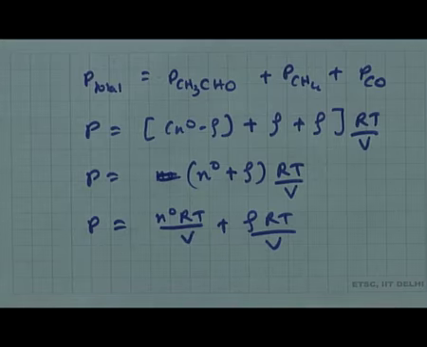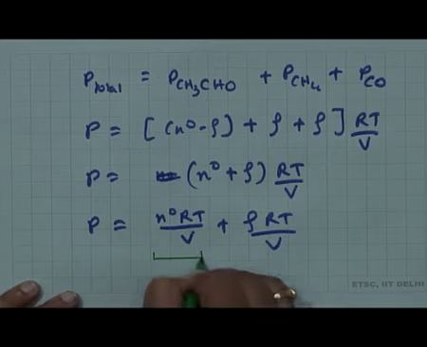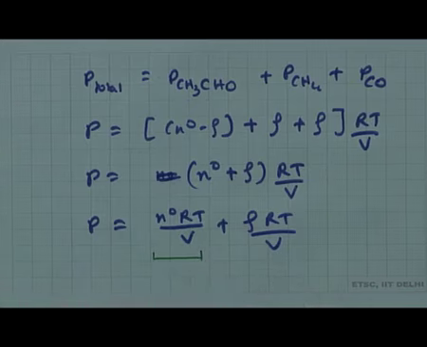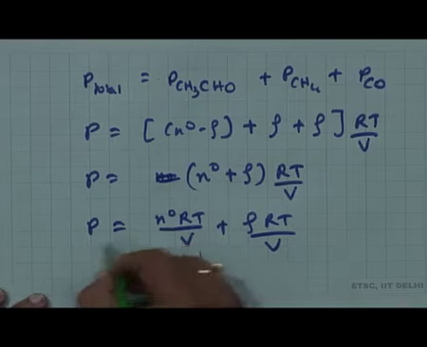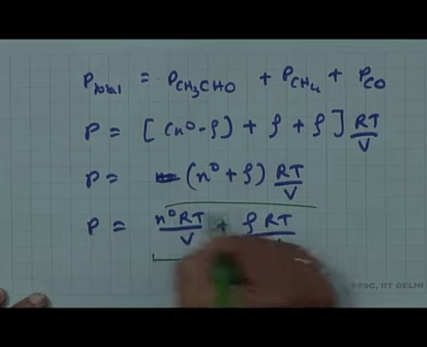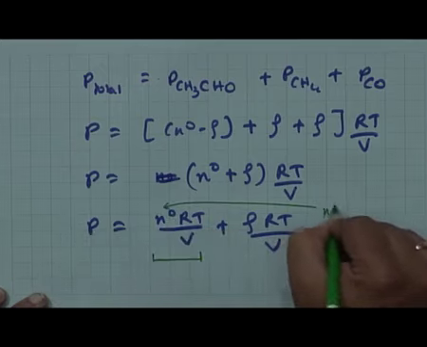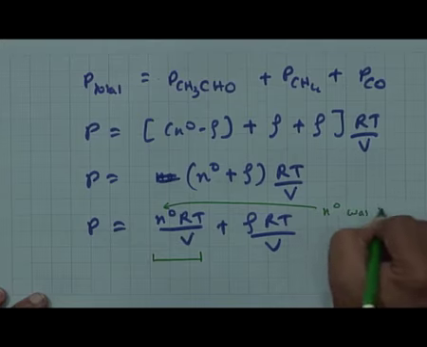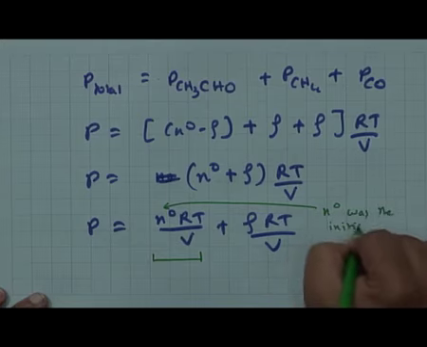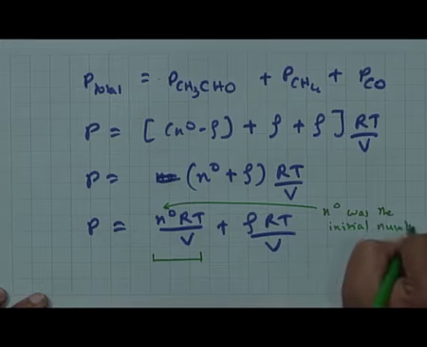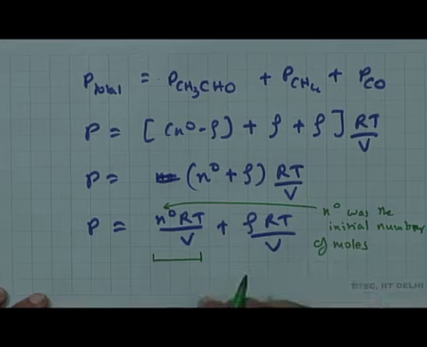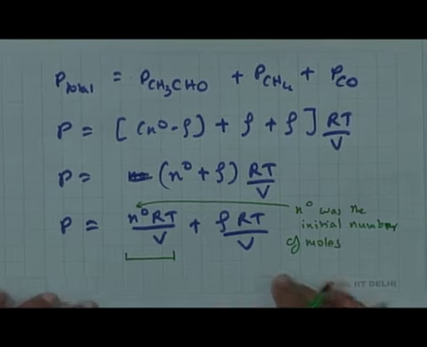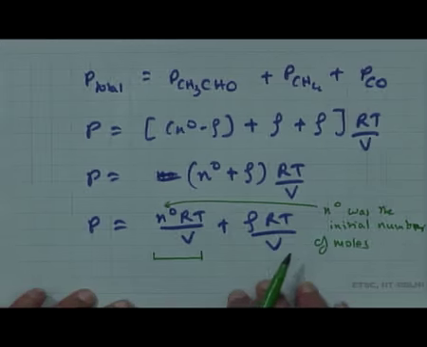So, if you would realize, this component has N0 times RT over V. N0 was the initial number of moles.